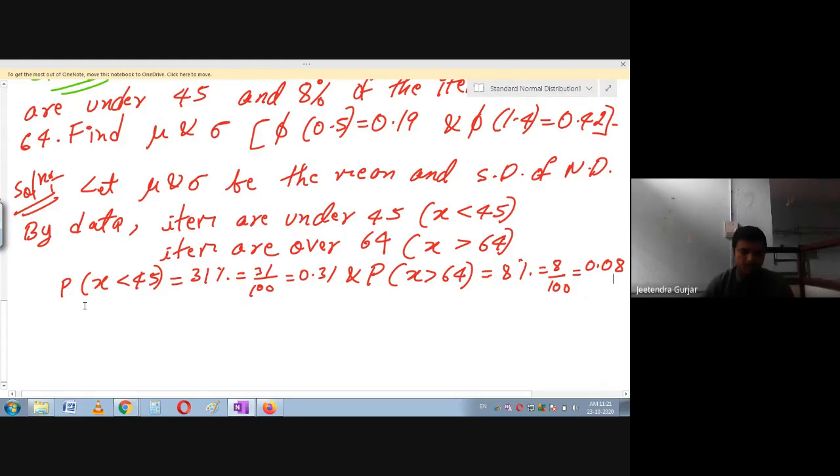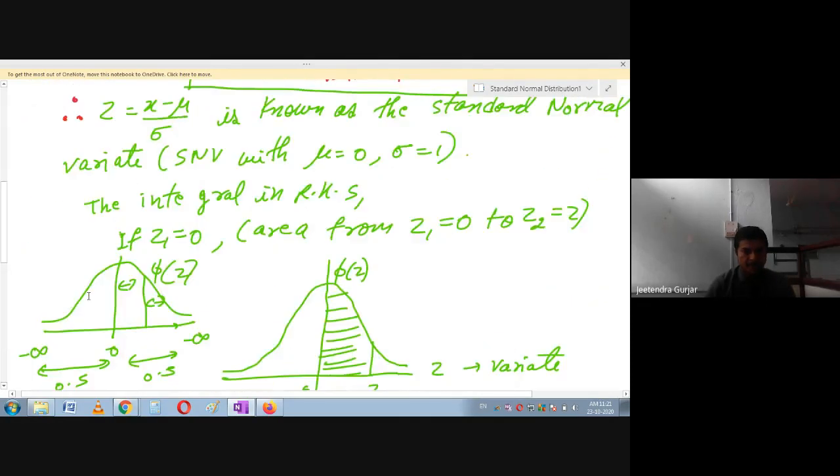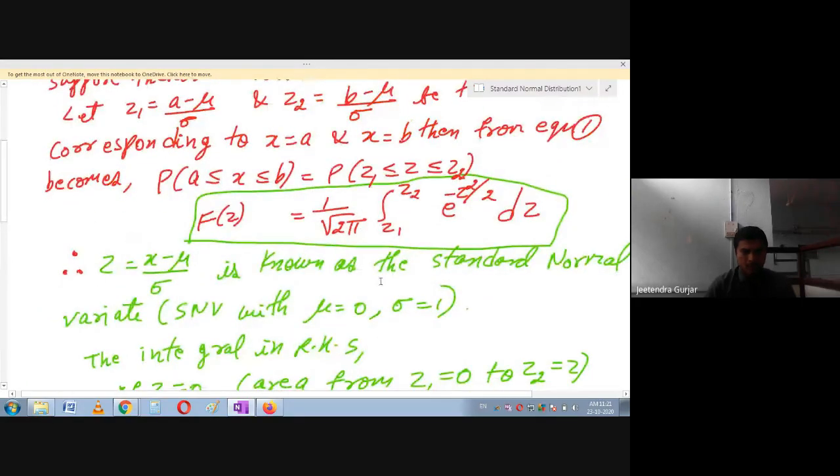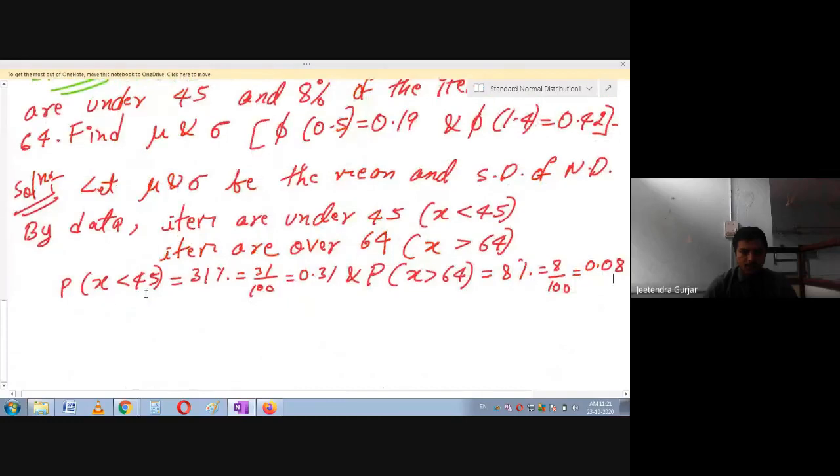Now what is important, students, as you remember, you have gone through this: how we are going to convert this normal distribution into standard normal distribution, substituting z is equal to x minus mu divided by sigma. So here is the very important role of mean and variance. I'm going to convert this normal distribution into standard normal distribution using the formula z is equal to x minus mu divided by sigma. Remember this, students.